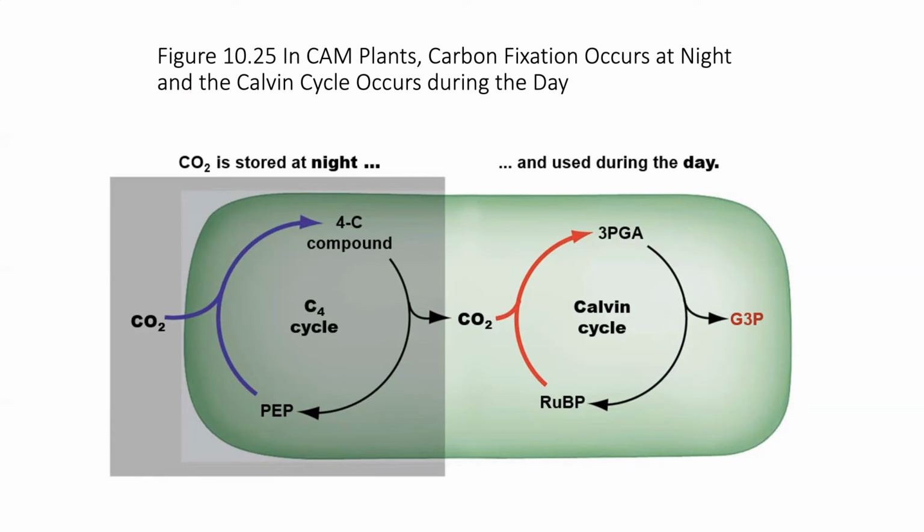I don't have any ATP or NADPH to run the Calvin cycle. So it has to wait until the daytime when the sun is back out. Now I've got a huge store of carbon dioxide. I've closed my stomata so I'm not losing water, and I'm able to run the Calvin cycle and generate my G3P molecule. So pretty clever. This is keeping these cacti and other desert plants or succulent plants alive during these really hot, dry times of the day.